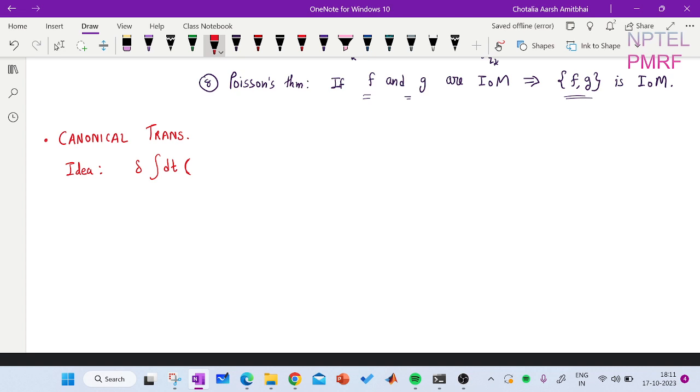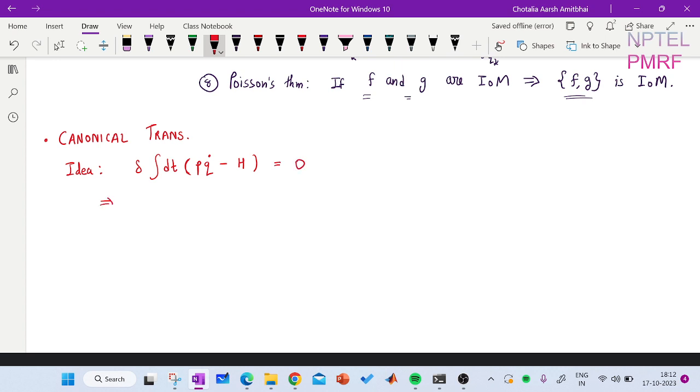That is where your equations of motion hold true. Okay, and L can be written as p q dot minus H, right? And this is equal to 0.